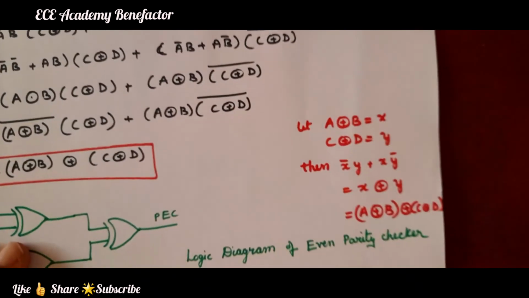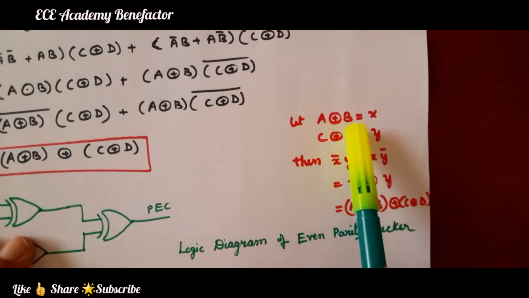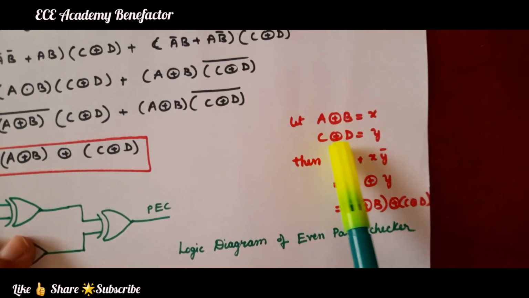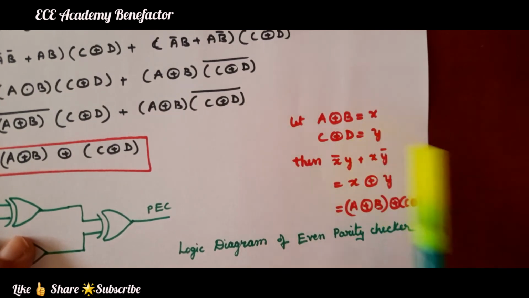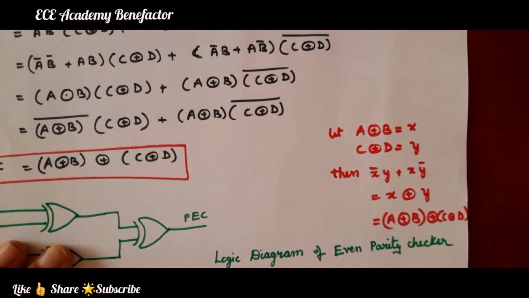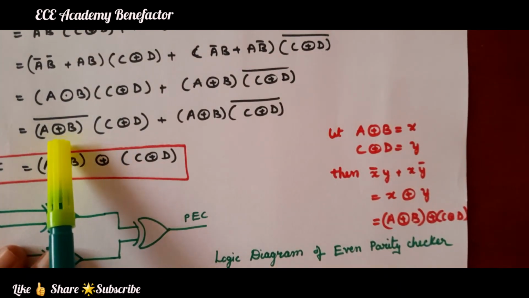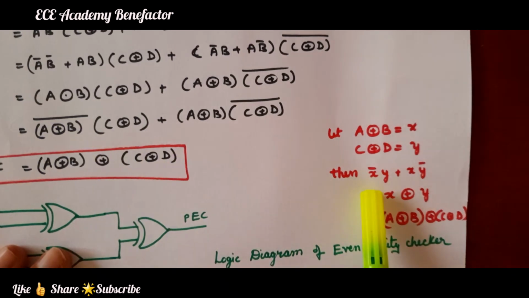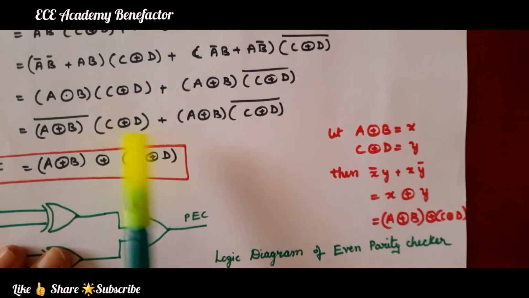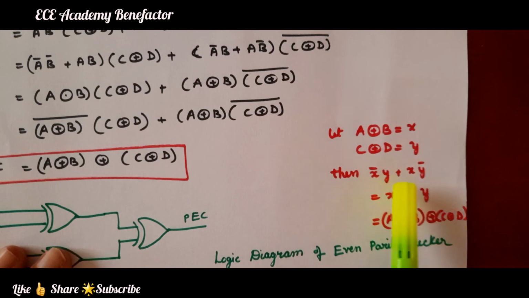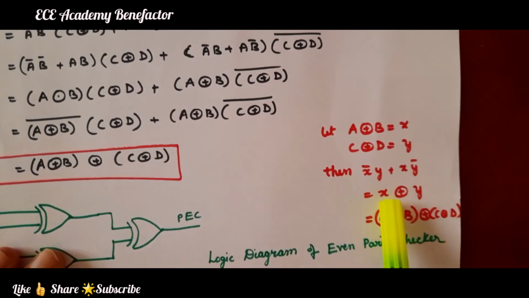Okay, now let us take A XOR B as X and C XOR D as Y. So what can we get here? A XOR B is X, so X bar, and C XOR D is Y. So X bar Y plus X Y bar means X XOR Y. What is X?